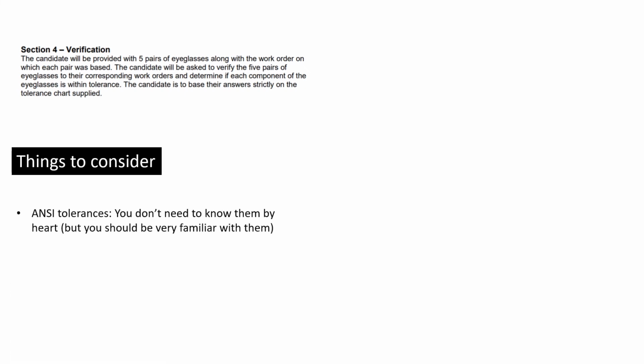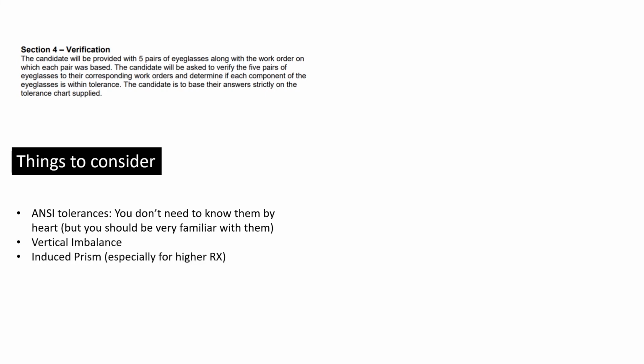Things to consider are, of course, the ANSI tolerances, same concept as I talked about before. You do not have to know them by heart. However, you should be pretty familiar with navigating those charts. I'm not going to dig too much deeper into that, but once again, we reiterate: we're doing it twice now, in section 1 and in section 4. You don't want to be fumbling with the ANSI chart.